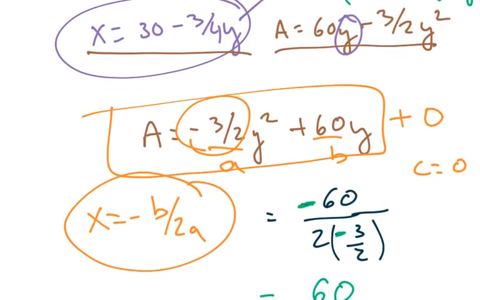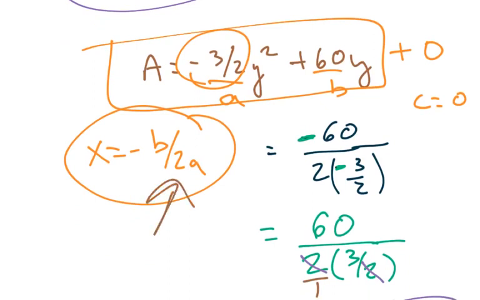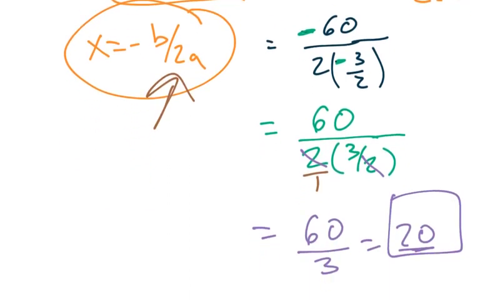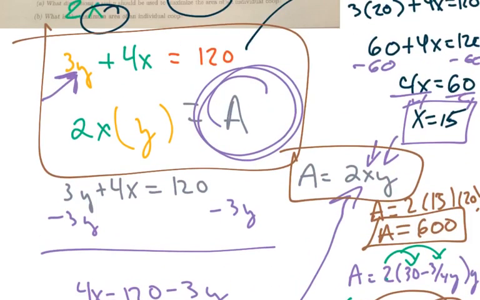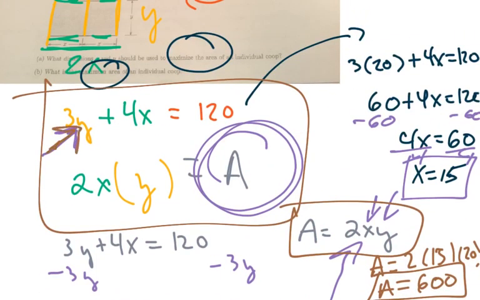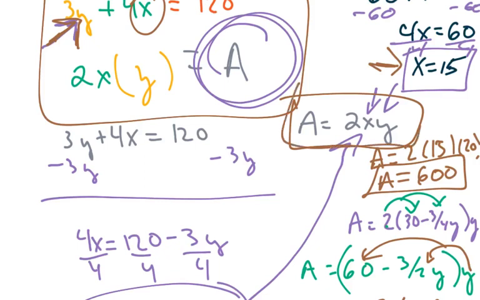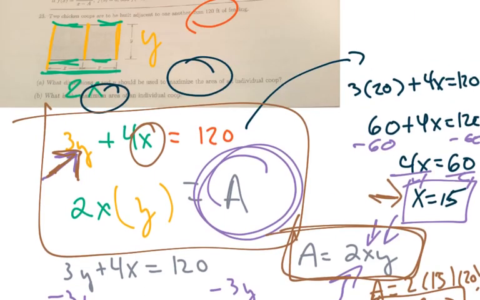I use negative b over 2a to calculate my y value. It's a little confusing, but we use that to find the y component, which we then plug back into the original equation to get an x value, which was 15. And with those two values, I can use my secondary equation and calculate the max area. So let's make sure we answer the question.